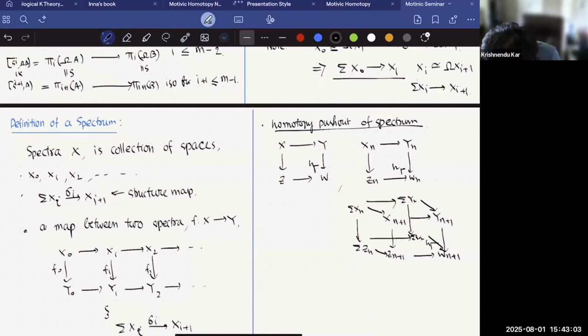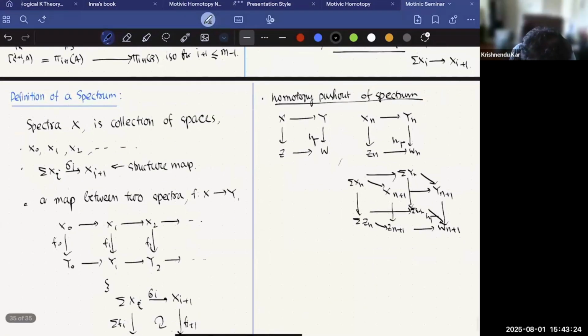Yeah, I want this square to be commutative. Let me think. Is that what I want? Yeah, I think so. I'm a little bit fumbling, but yeah, I want this square to be commutative. Let's just accept it for now. This square to commute.